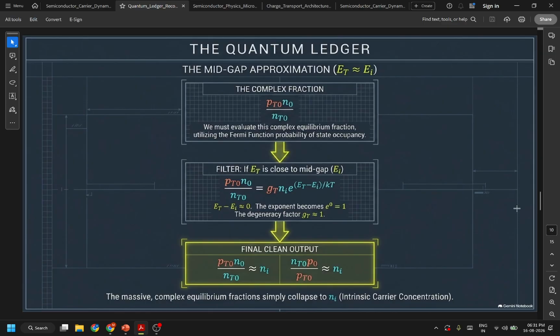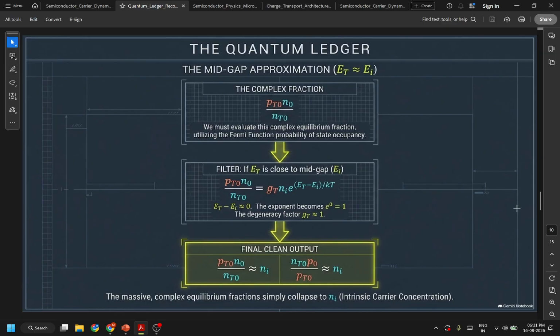Next, we come to the mid-gap approximation, that is where Et is equal to Ei. So here the complex fraction Pt0 n0 by Nt0. We must evaluate this complex equilibrium fraction utilizing the Fermi function probability of energy state. If Et is close to mid-gap Ei, this will be equal to Gt ni e to the power (Et minus Ei) by kT.